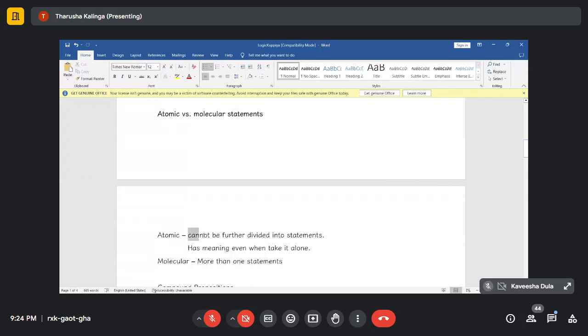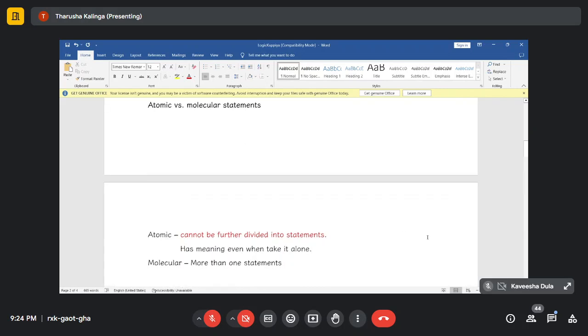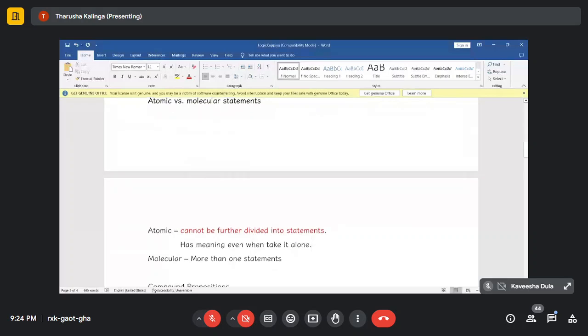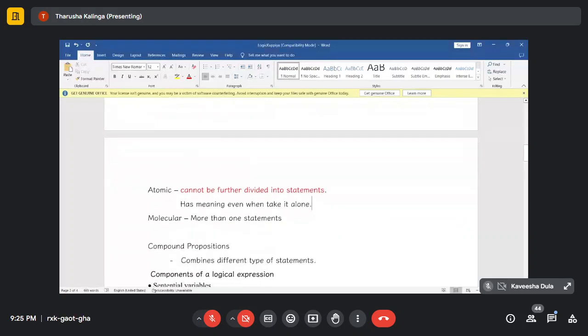There's just one statement and we cannot divide it further. Also, it has meaning even when taken alone. You don't need another statement to give it meaning.